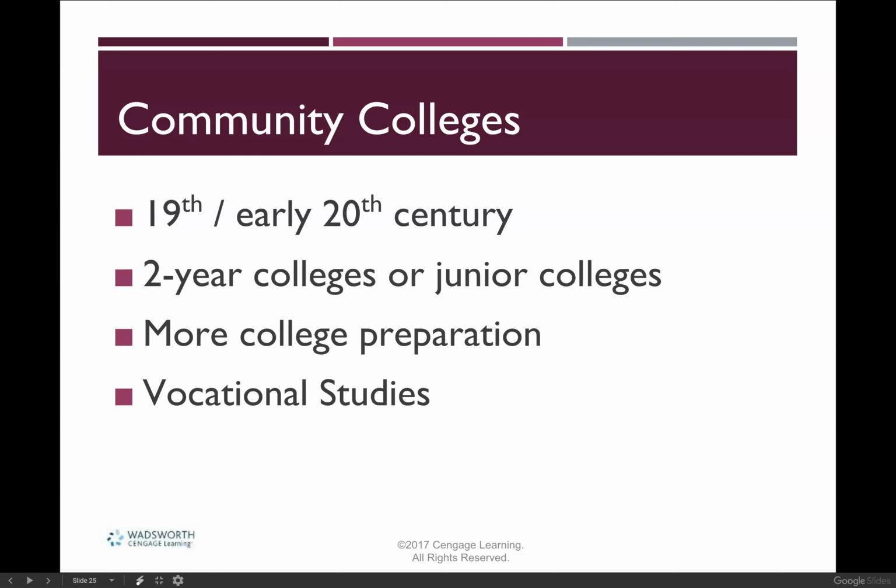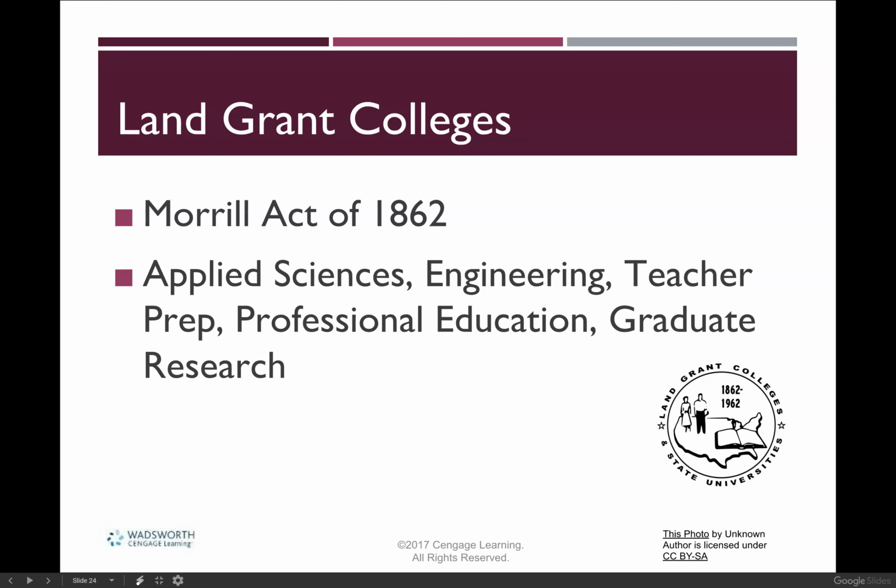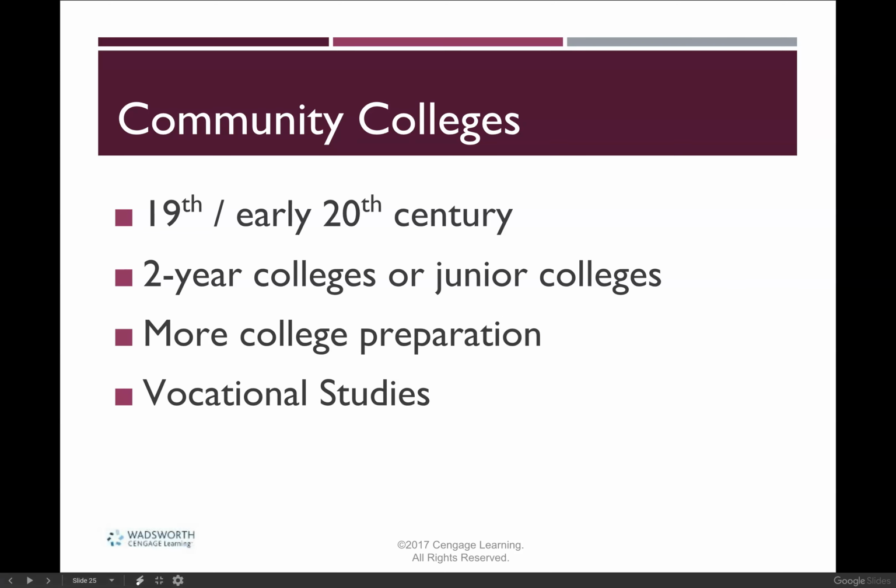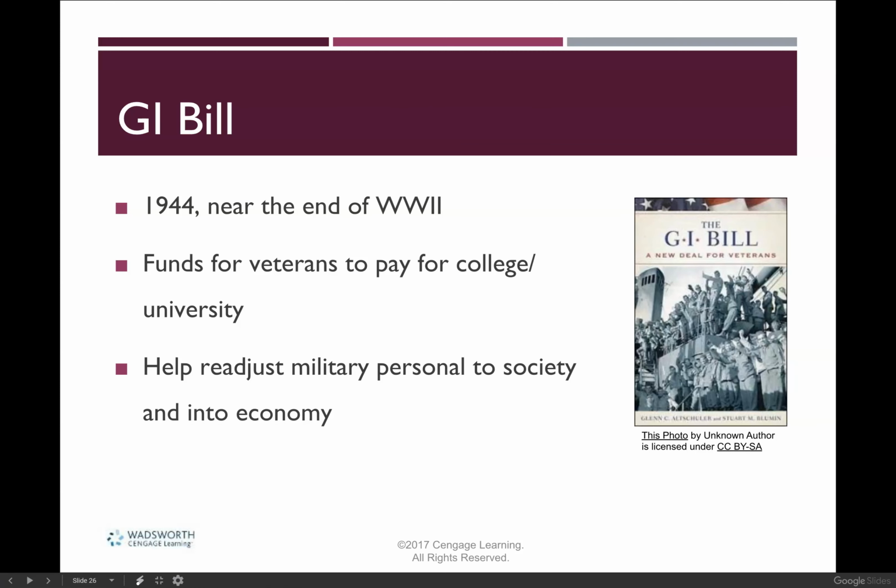Some people out of high school needed more college prep, but also there was a need for vocational studies. Before, these were four-year universities dedicated to teaching applied sciences and applied skills. Well, not every career needed four years of application. Some could take a year or two years or less. So community colleges filled in that gap.